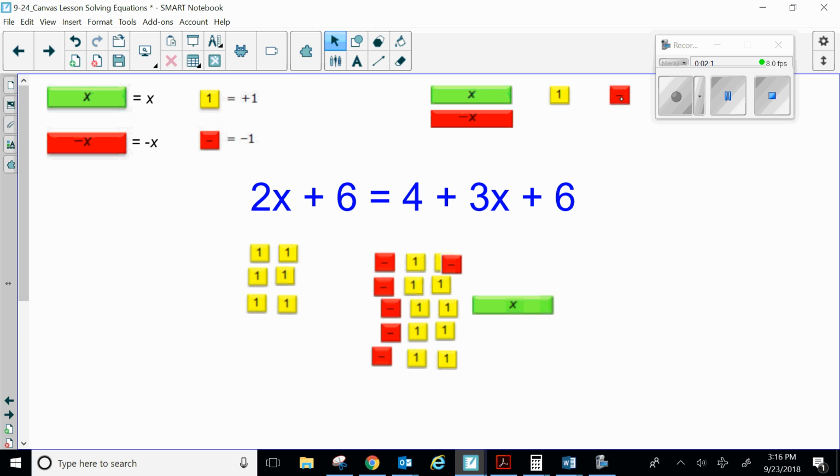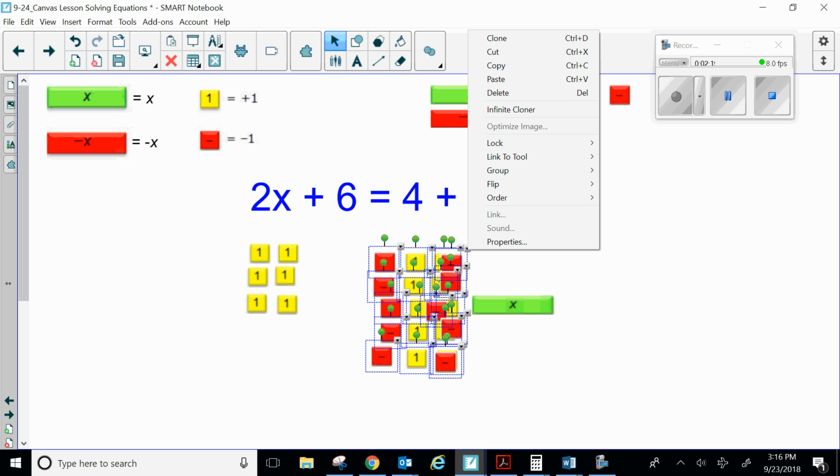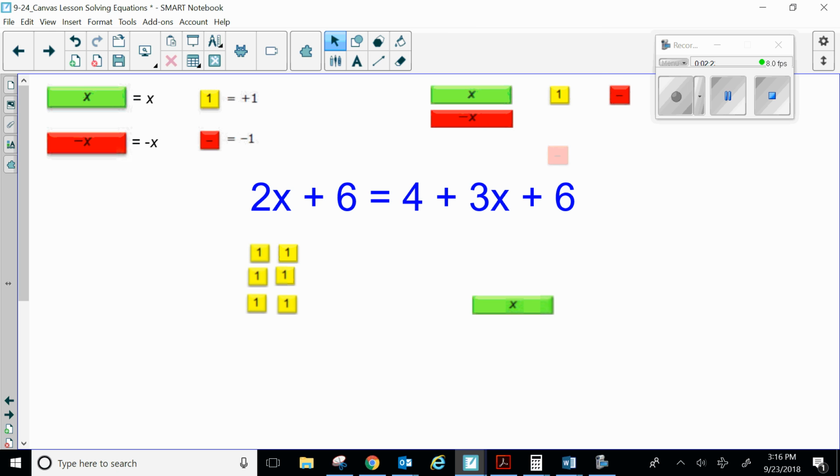And we know once I add my 10 negatives, that's going to eliminate my 10 positives. So I'm going to delete those. But I have to add 10 negatives to my left side.